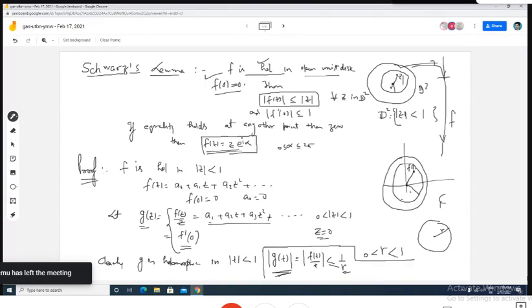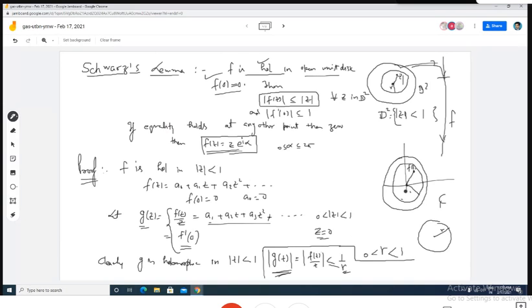So you see here, this modulus of g(z) is not only less than or equal to 1/r along the circle, but the maximum modulus theorem says that because its maximum value always lies on the boundary somewhere, the maximum value of modulus of g(z) is less than or equal to 1/r in the whole disk.